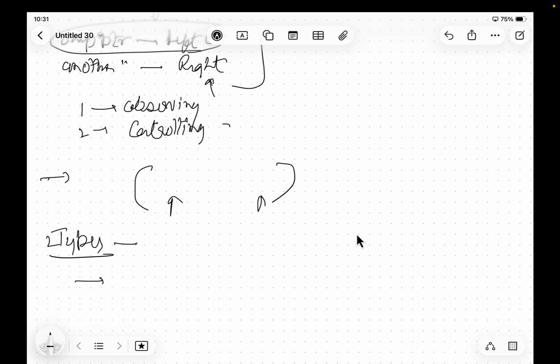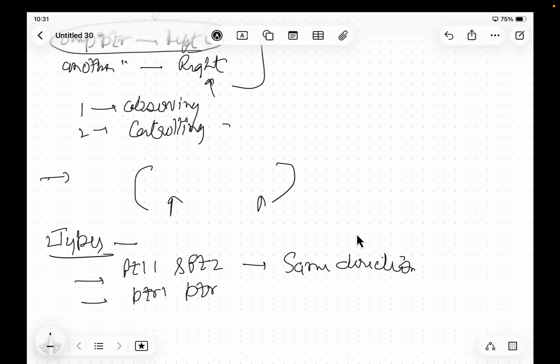If both pointers ptr1 and ptr2 are moving in the same direction, this is quite possible. And another case is when ptr1 and ptr2 are moving in opposite directions, correct?